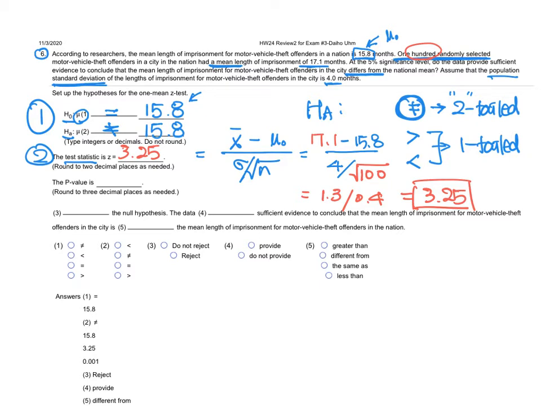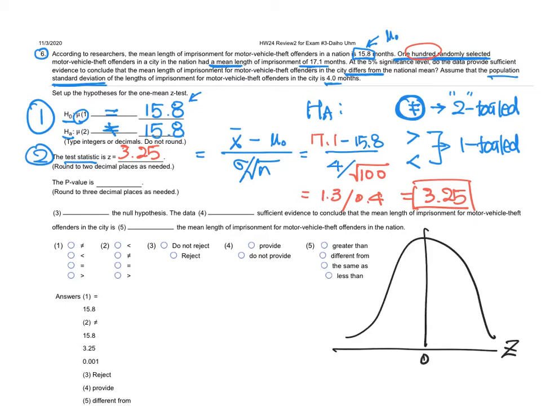Now we need the probability from the z. That is a standard normal distribution, and the z-score is 3.25. We always need the outside probability, the tail probability. Let me take my z table.